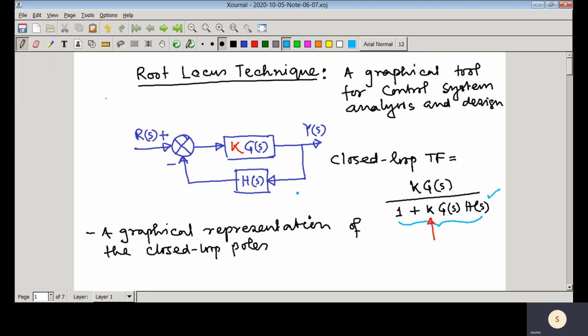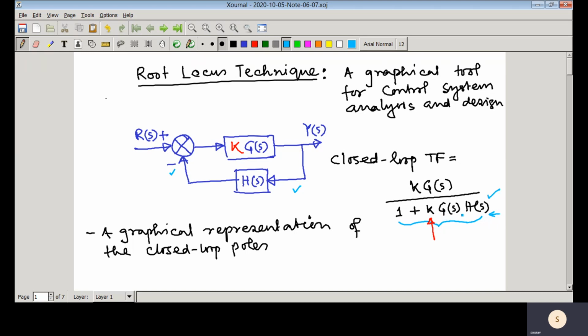So if this is the feedback structure with negative feedback, and K is the parameter that is varying, then the characteristic equation is 1 plus K G(s) H(s). When K is varied, what would be the closed loop poles? Its graphical representation is known as root locus.